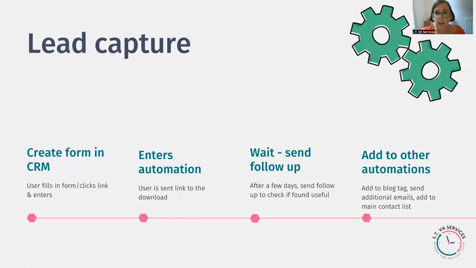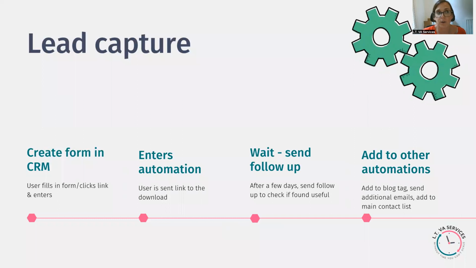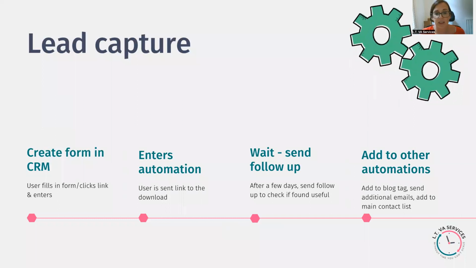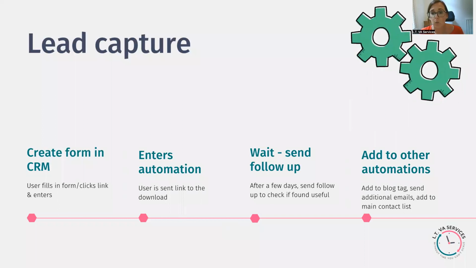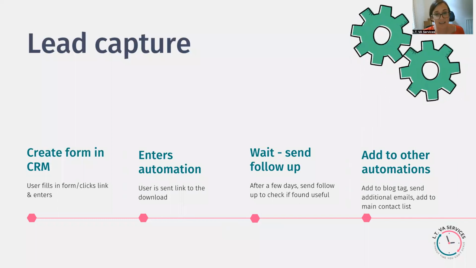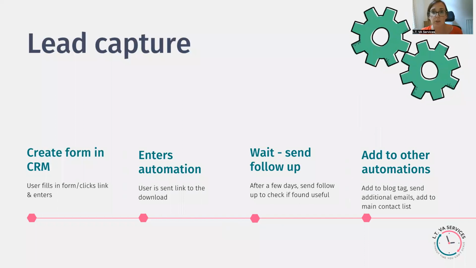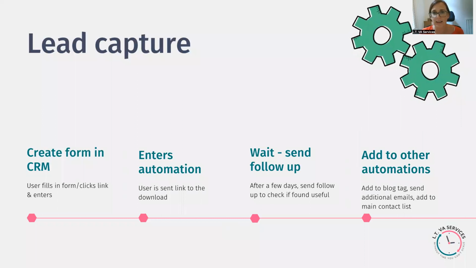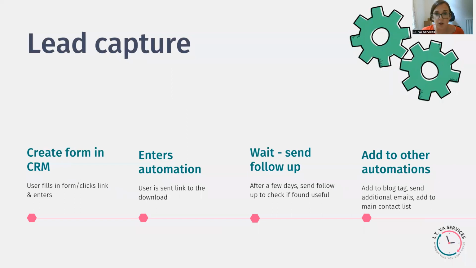If you've set up an automation as part of that person filling in the form, then you can make the parameter be that the user is sent a link to the download. Then you can wait and send a follow-up after a few days just to check if they found that particular lead magnet useful. And then you could add them to other automations, so your blog posts, or send additional emails, or to your main contact list. That person's now in your system and you can start nurturing them.